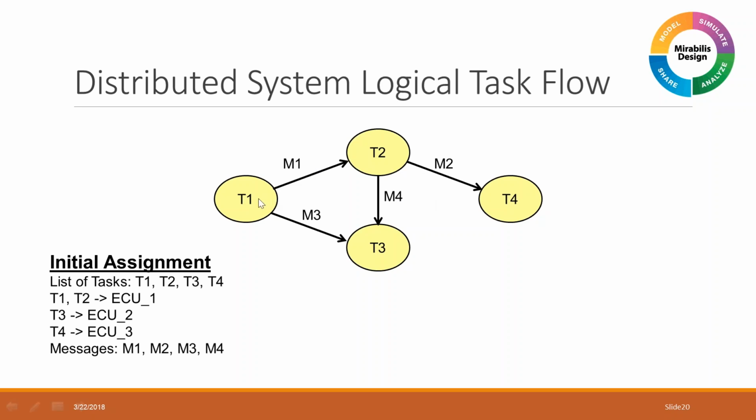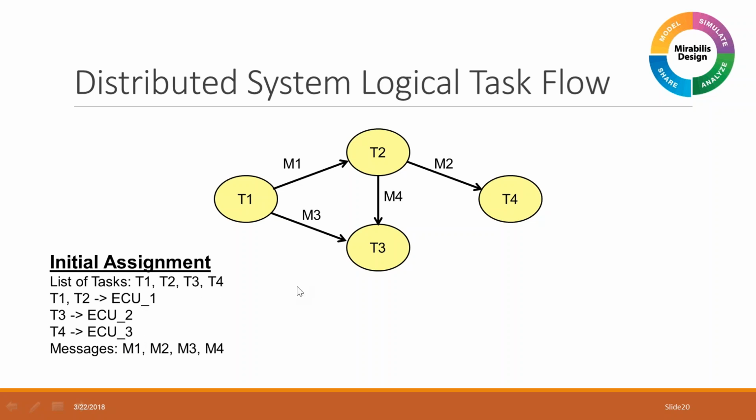You can see that T1 triggers 2 messages that trigger T2 and T3, but T3 requires M3 and M4 before it can fire, and T4 just depends on T2 triggering M2. Now here you can see where the allocation of these tasks are, which ECU they are allocated onto.